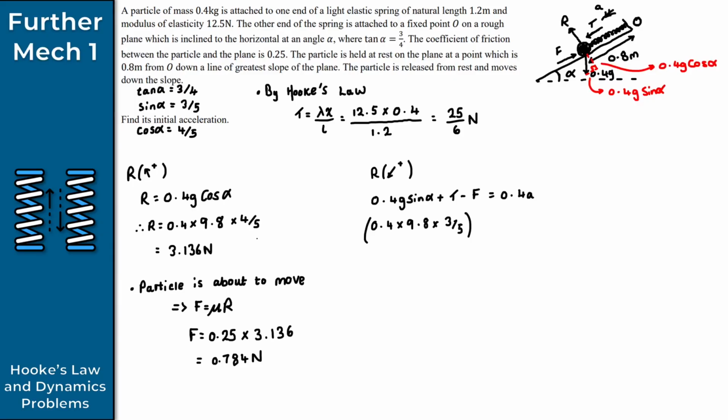We've got plus T here. So what is T then? That was 25/6, right? So plus 25/6, like so. Minus F then. So what is F here? So F is 0.784. So minus 0.784. Perfect. And all of this here then is equal to 0.4 A.